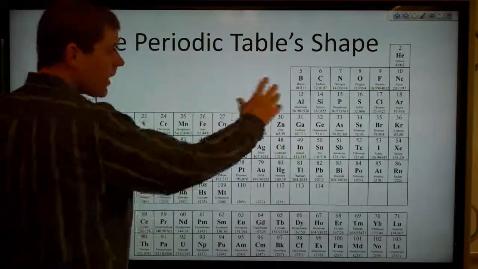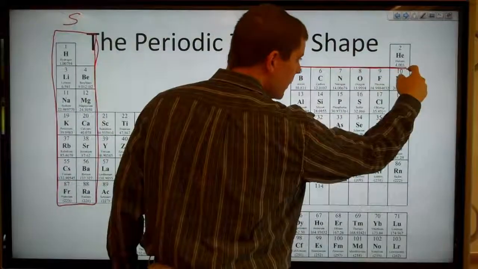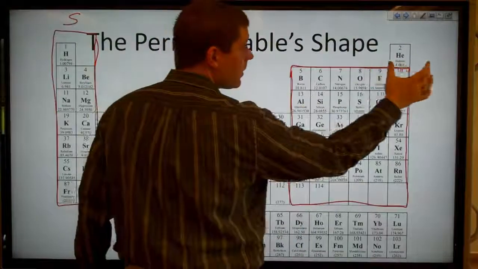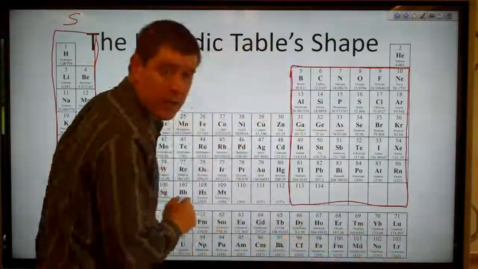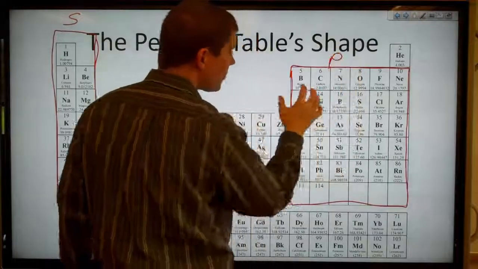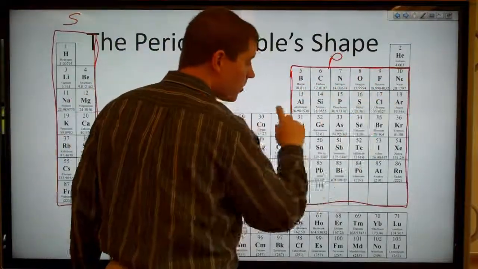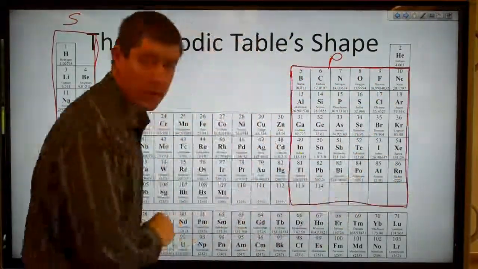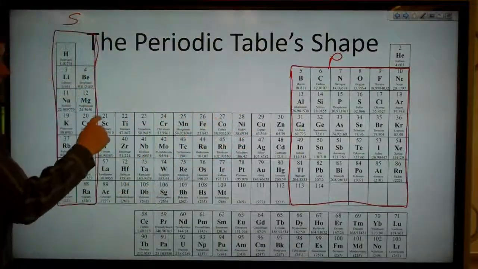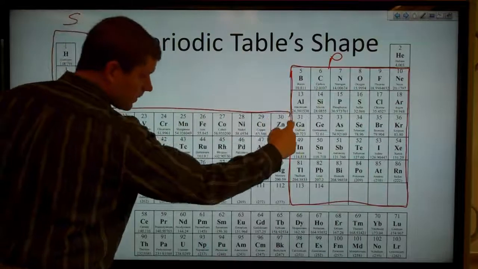So then we have over here these guys. Note that I'm not including helium and I'm not including the lanthanides or actinides here. This is the p block because we're filling in the 2p or the 3p or the 4p or 5p or 6p and so on.